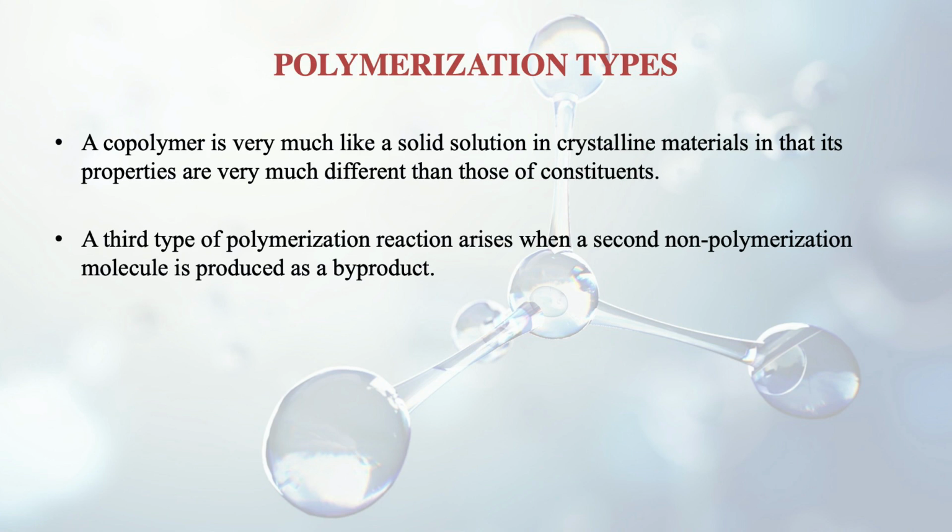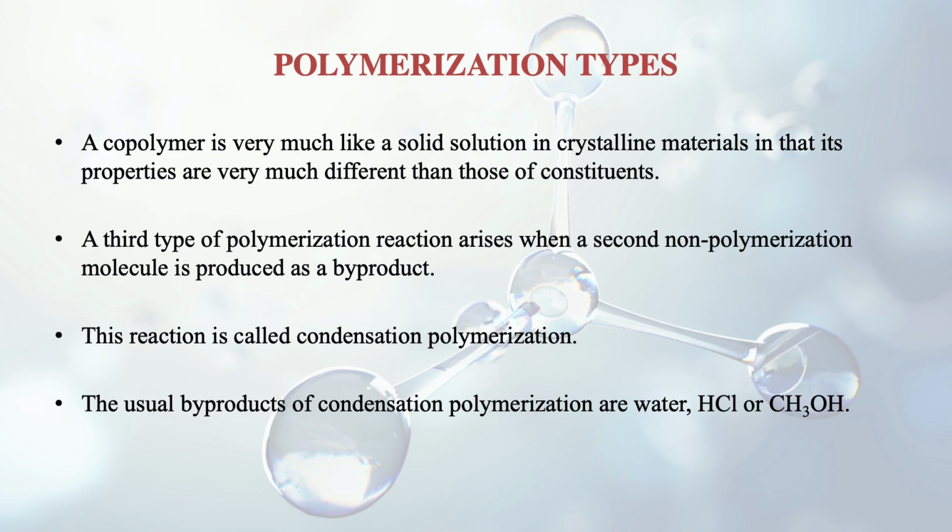Then there is one more type of polymerization. We have discussed addition polymerization and copolymerization. The third one is condensation polymerization. In this, a second non-polymerization molecule is produced as a byproduct. For example, water is a byproduct, or hydrogen chloride HCl, or methanol CH3OH.